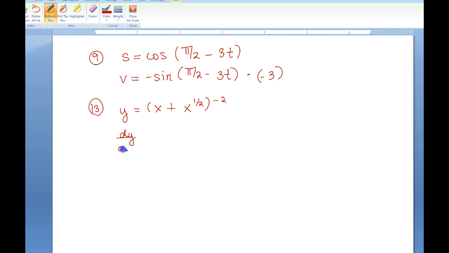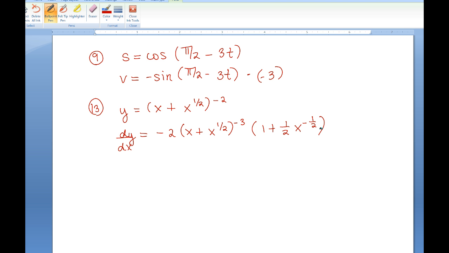So dy dx, we're going to move the negative 2 to the front, take away 1 from the exponent, so it's going to become a negative 3. And then we're going to multiply by the derivative of the inside. The derivative of x is 1, and the derivative of x to the 1/2 would be 1/2 x to the negative 1/2. Move the exponent in front, take away 1 from the exponent.